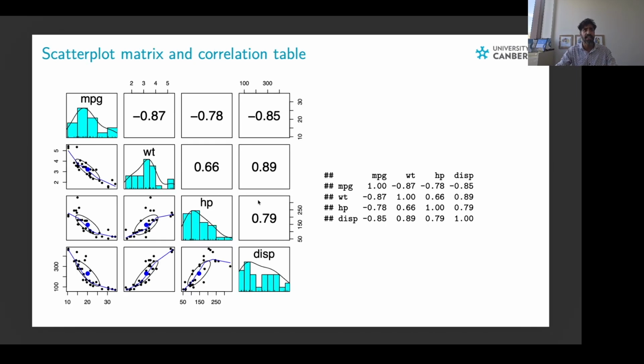I've generated it here using the cars dataset in R. What you see here is the scatter plot matrix, where these are the different variables that you have, and it shows you their relationship to one another in scatter plots, and their distributions, and it also plots their correlations. But if you just wanted their correlations table, you could see it here. So MPG, and I think this is the weight of these cars, and it shows you the relationship between them.